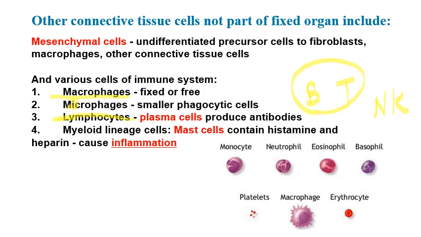You're born with it. Okay. All right, B cells become plasma cells, and those are the cells that are going to produce antibodies. So B cells will make antibodies. Okay.